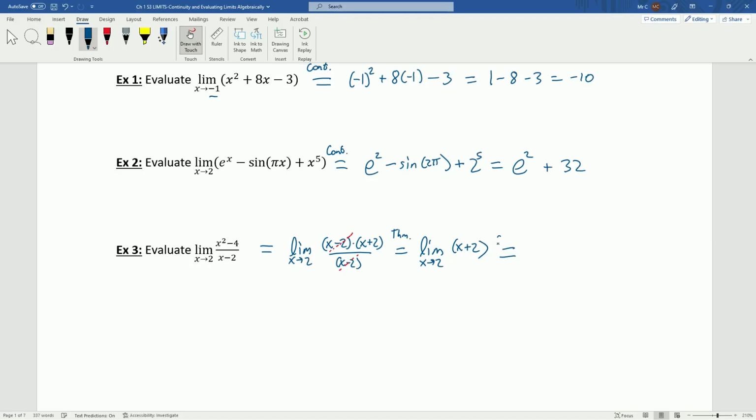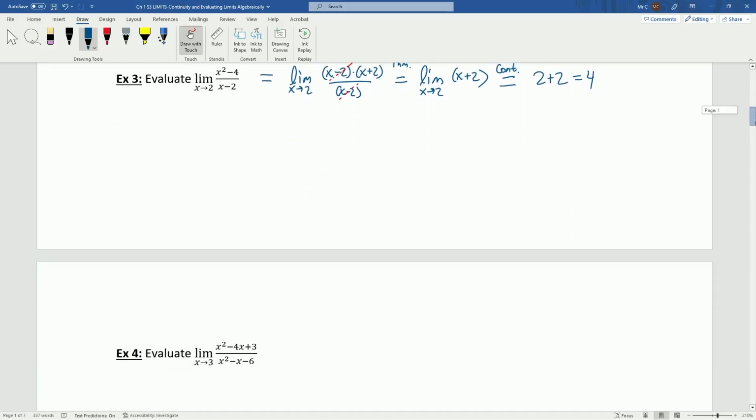That's a continuous function. So I can plug in using continuity. 2 plus 2 is 4. So two major tools here, right? We can cancel discontinuities, and that canceling will give me a limit that's still the same as long as nothing else about the function is changing. And then I can use continuity to evaluate this thing.